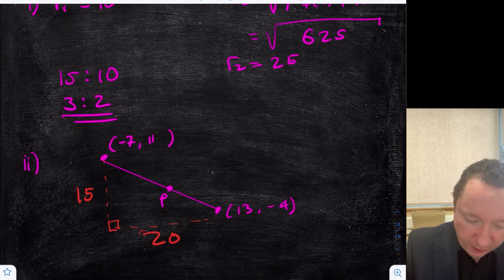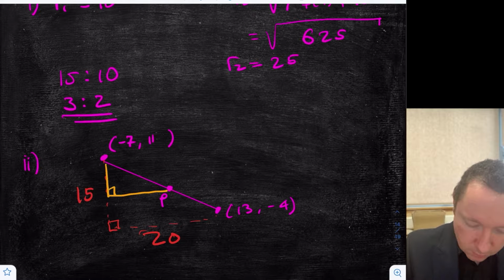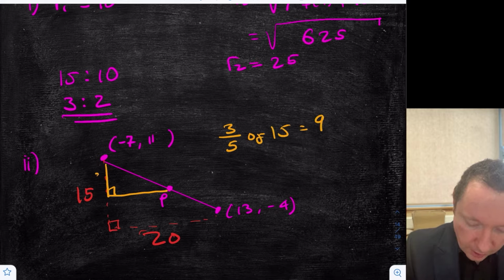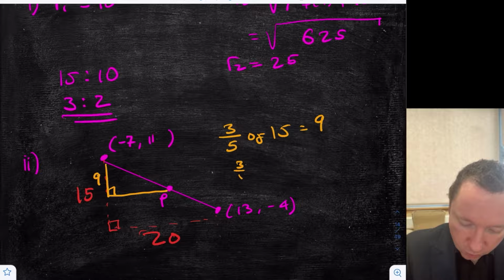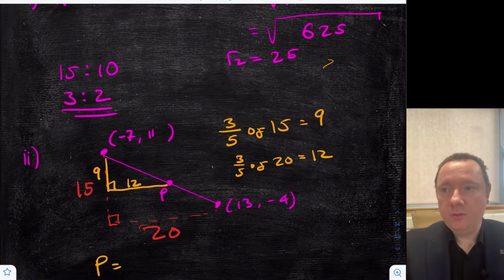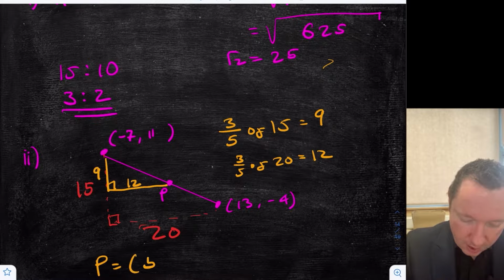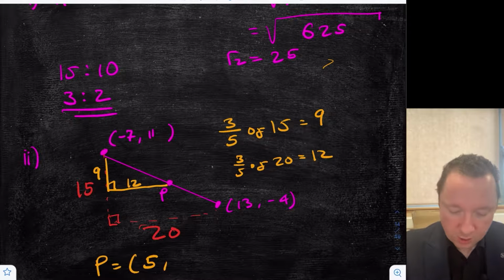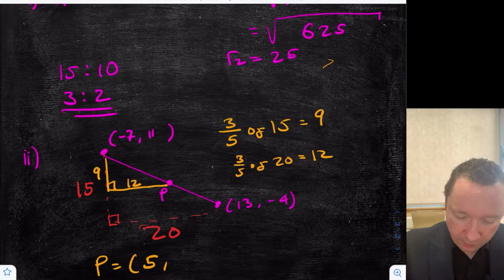So I just need to do 3/5 of 15, which is 9, and 3/5 of 20, which is 12. Minus 7 add 12 is 5. For our y part, we're starting up at 11 and we're going down 9. 11 minus 9 is 2. So we get (5, 2).